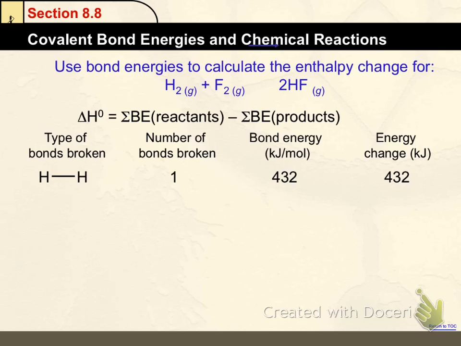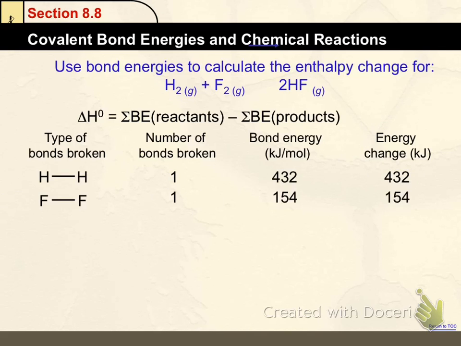All right. So type of bond broken. H-H. Well, there's only one of those. Where's that come from? Well, that's right here. You look at the coefficients, and the coefficient is a 1. It's 432 kilojoules to break one of those. That's from the table. And since I only have one of those, that number is going to be the same.